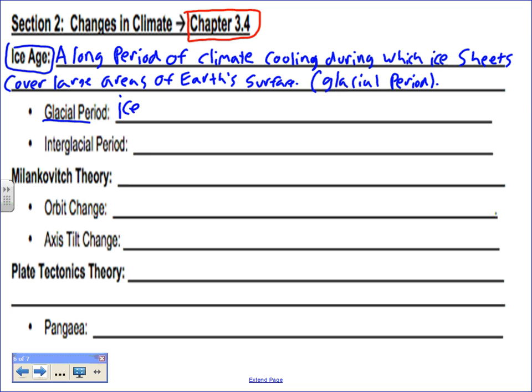So ice sheets advance because the water is taking a solid form, which causes sea levels to drop. So there's more ice and ocean levels drop.